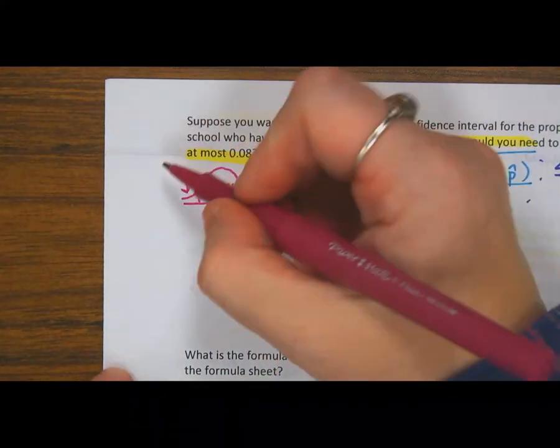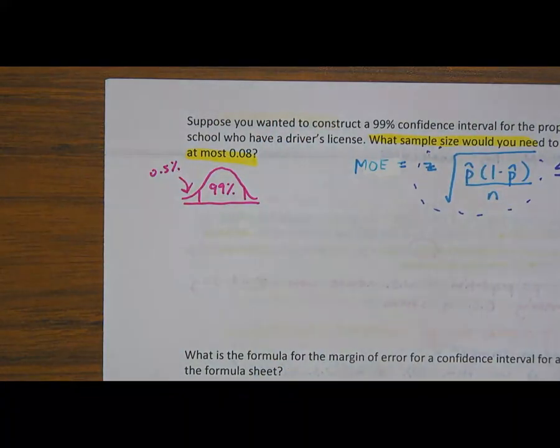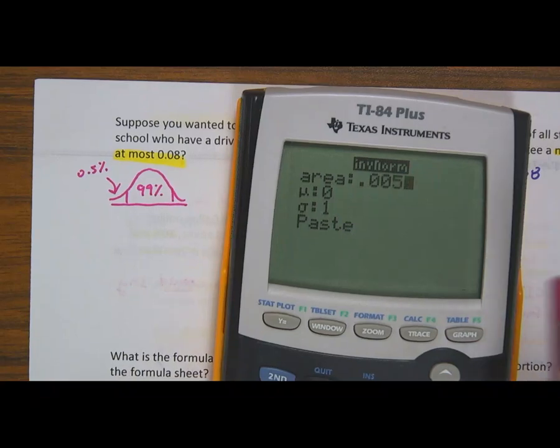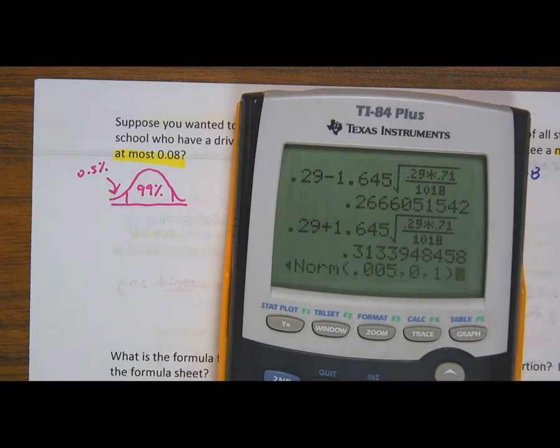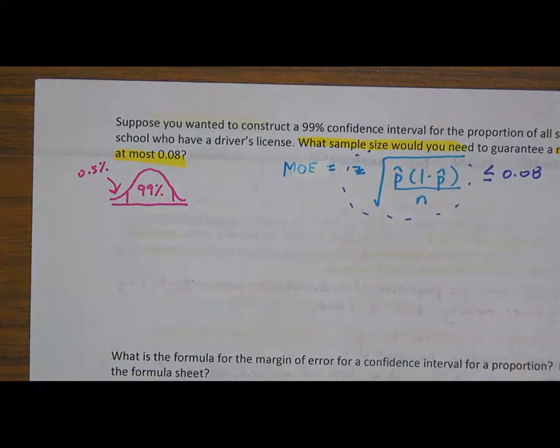So that just leaves half of a percent in that left-hand tail. Be careful, that means 0.005 is going to be the area to the left of the tail. For those of you who like to memorize, this will always be the critical value for a 99% confidence interval. So positive, negative 2.576.